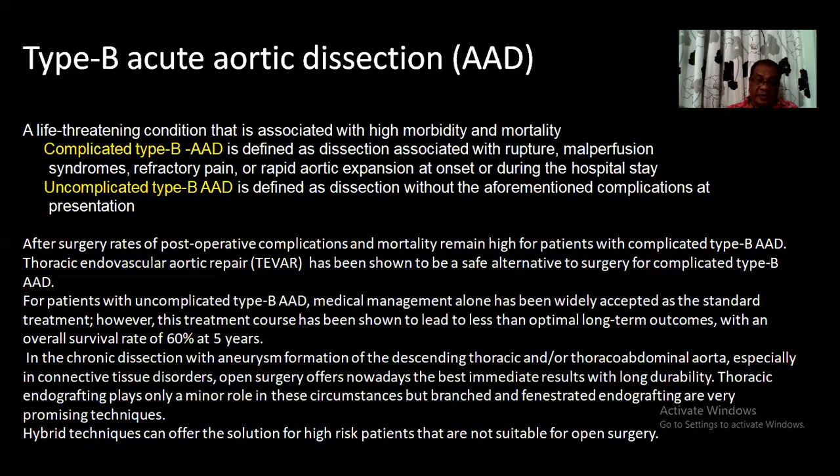So in case of chronic dissection, endografting is not the optimum way of treating this patient. In these circumstances, the endografting is not a good option, but branched and fenestrated endografting are very promising techniques, but that's technically very much demanding. Hybrid techniques can offer the solution for high risk patients that are not suitable for open surgery.